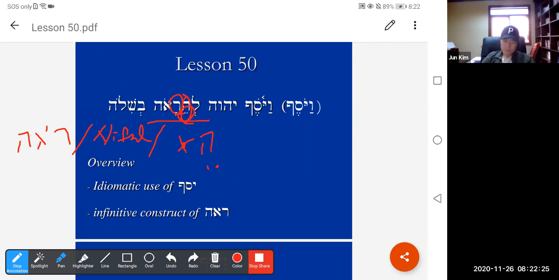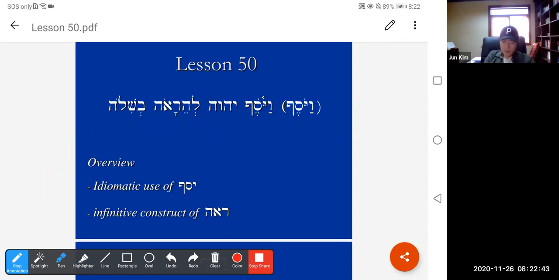So now, thank God for the presence of the preposition le. So this one must be infinitive construct because the infinitive construct form can only come with a preposition, right?